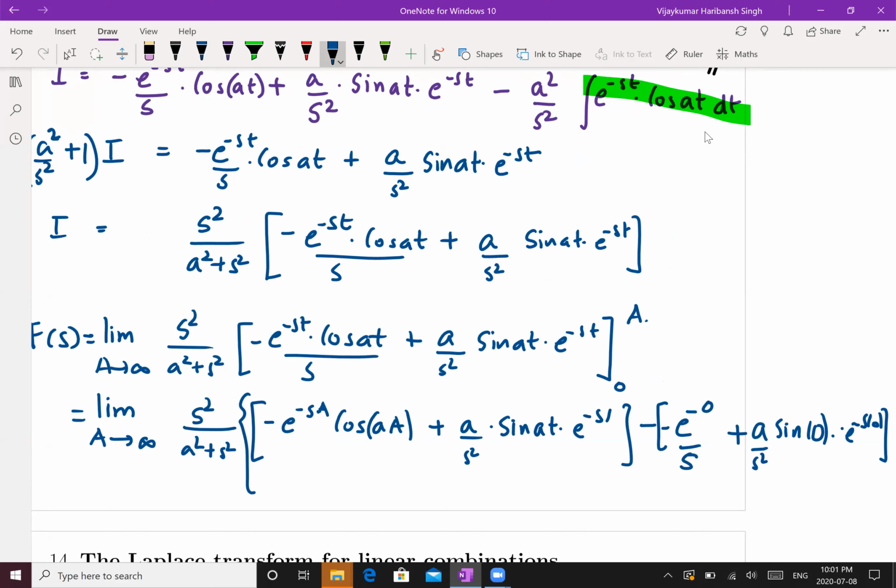Here we substitute a, so all these are replaced by a.